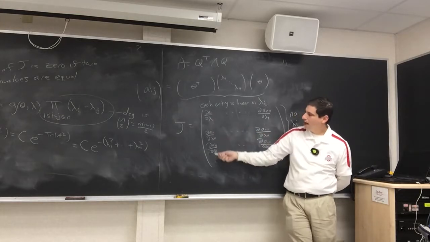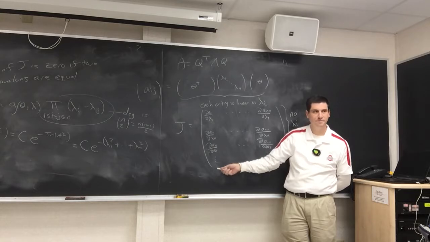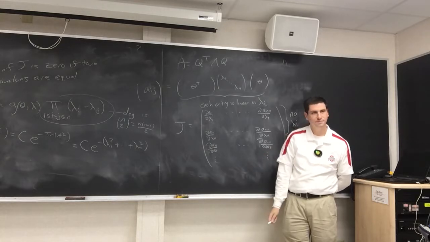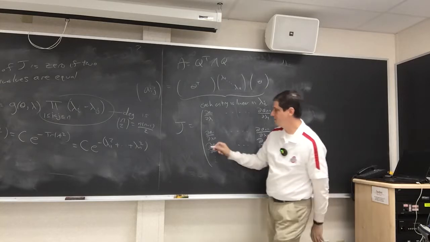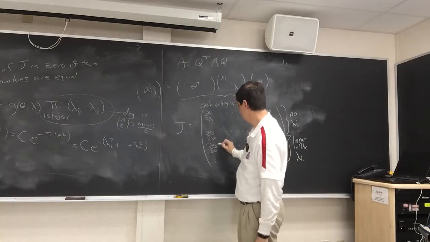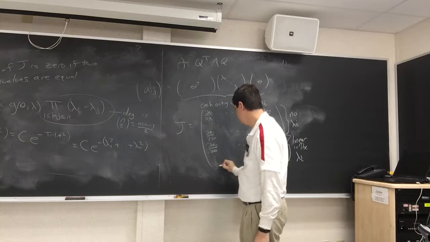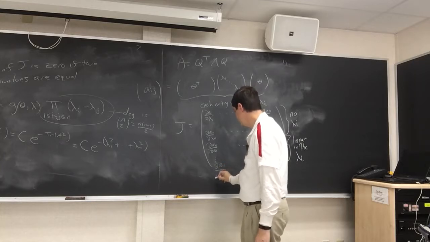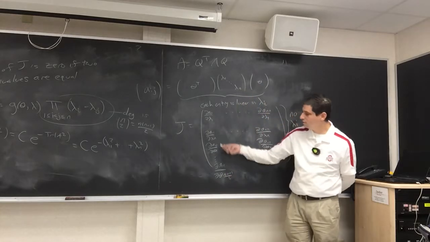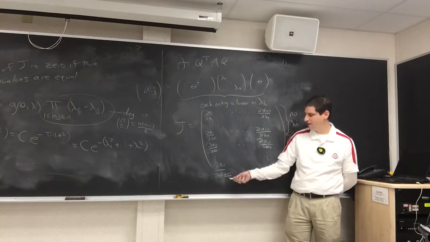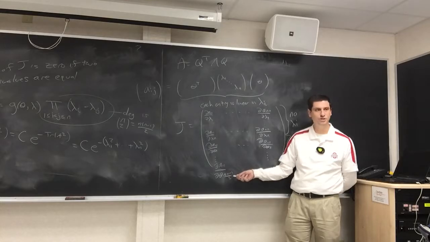Well, how many rows do we have where there's a possibility of having a lambda? It's the angles, right? The theta 1 through theta n minus 1 over 2. So the number of rows we have where we can have an eigenvalue is n minus 1 over 2.